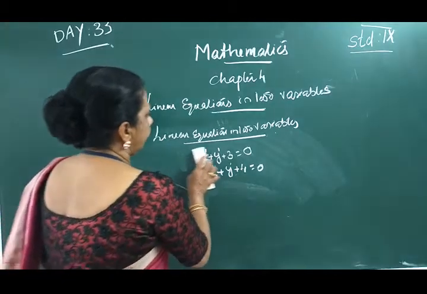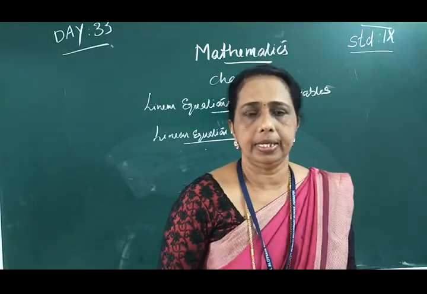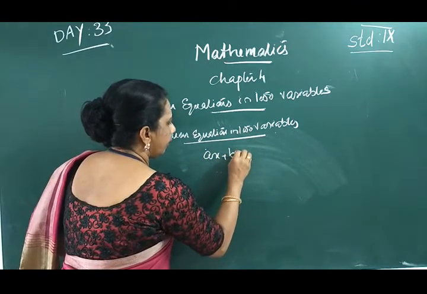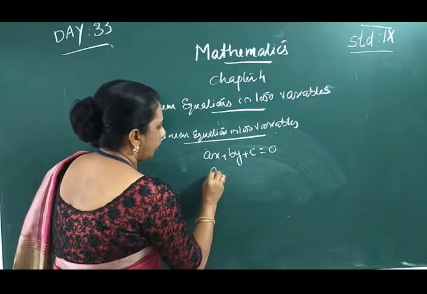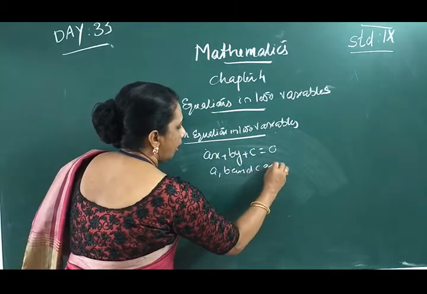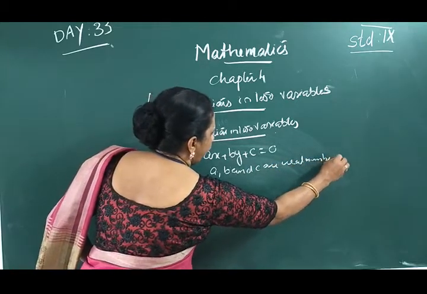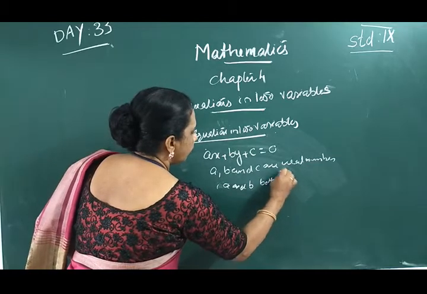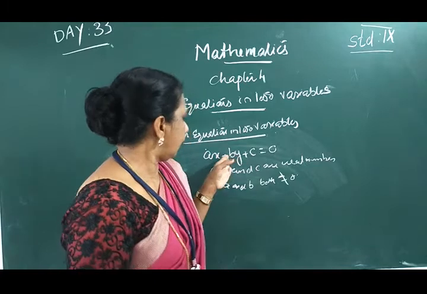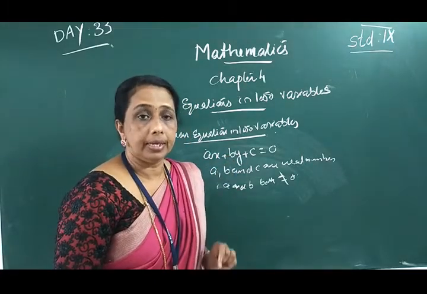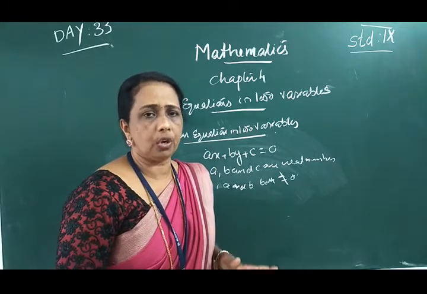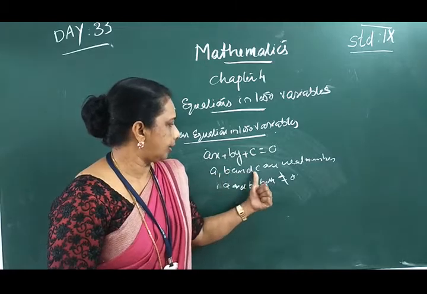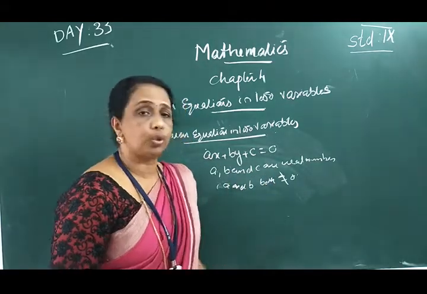So generally we can say that a linear equation in two variables x and y can be written as ax plus by plus c equal to 0, where a, b and c are real numbers, and a and b are both not equal to 0.